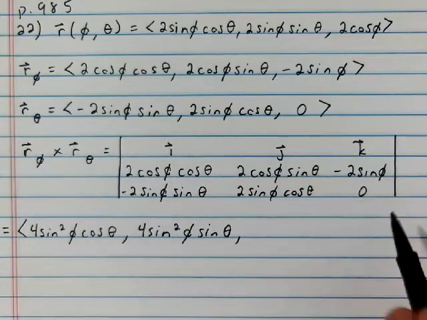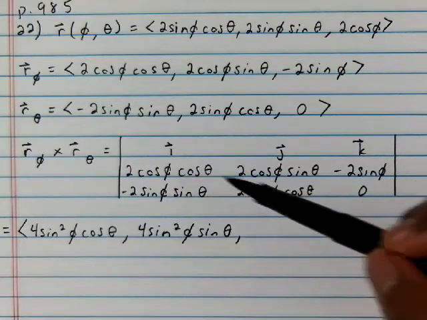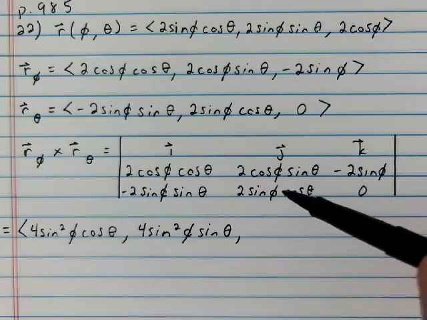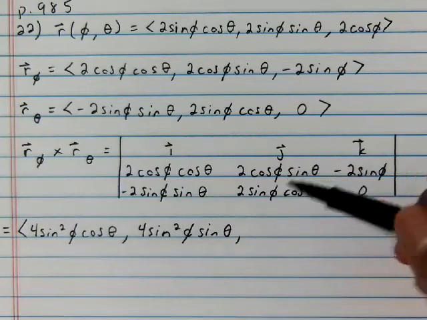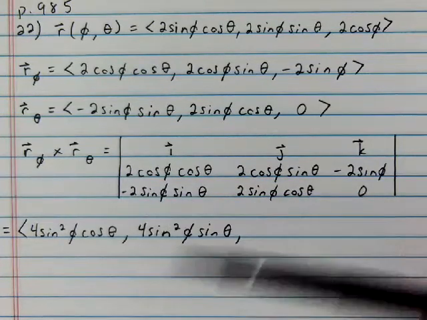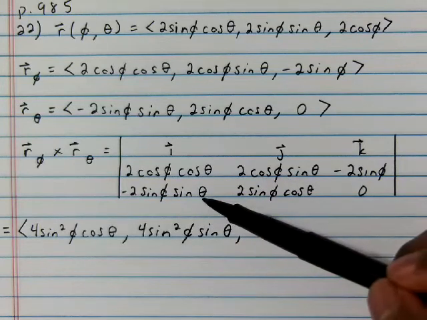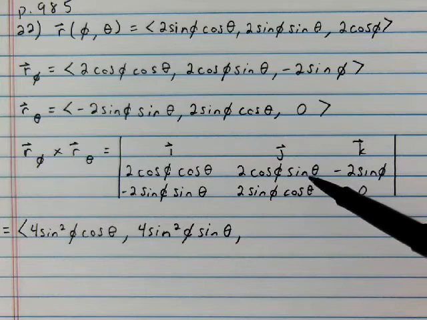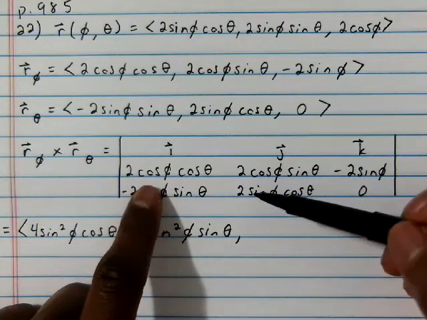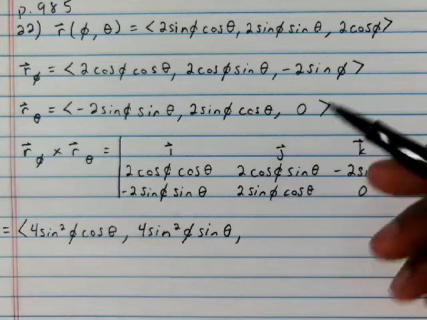And then lastly, we're going to have 4 cosine phi sine phi cosine squared theta. Minus, and then the negative 4, sine phi cosine phi sine squared theta. So we have the same thing there: 4 cosine phi sine phi, and here 4 cosine phi sine phi. Yeah, so we can factor that out.